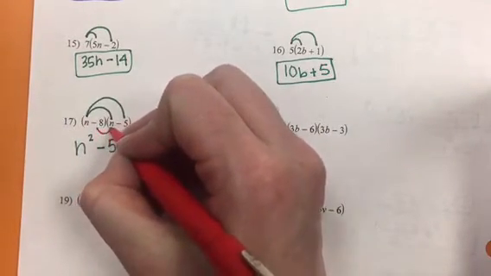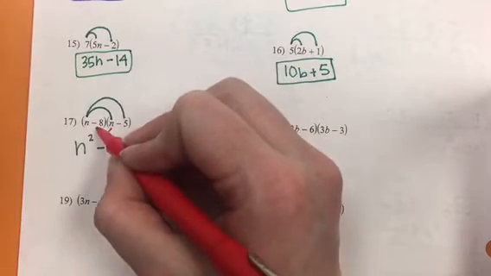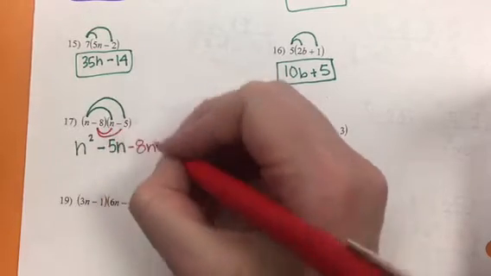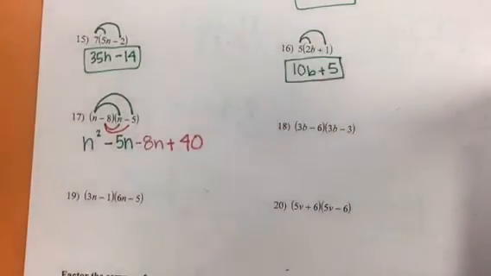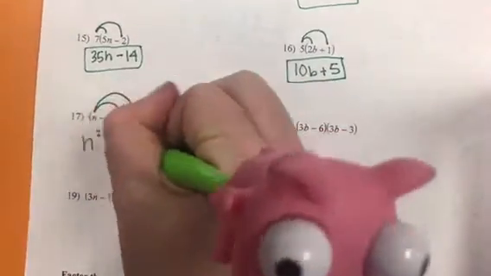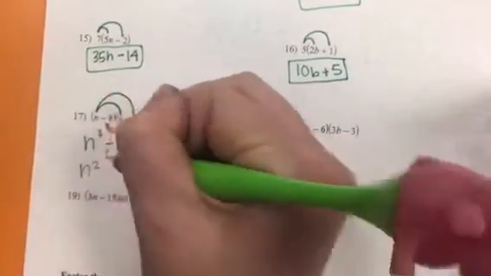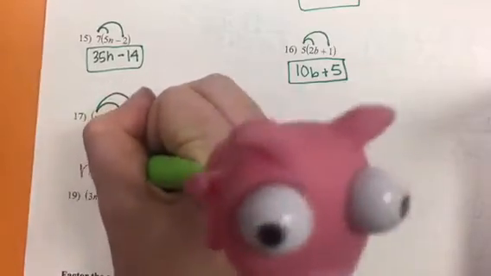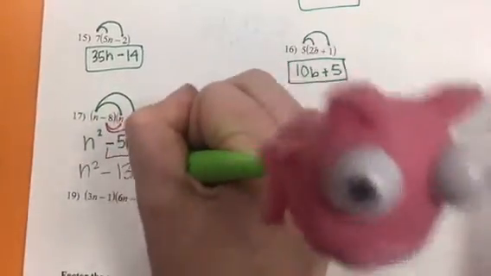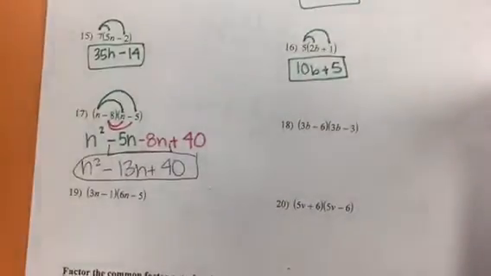Negative 8 and n put together is negative 8n. Negative 8 times a negative 5 is a positive 40. Then don't forget, because these are like terms, I can combine them. N squared minus 13n plus 40 is my solution.